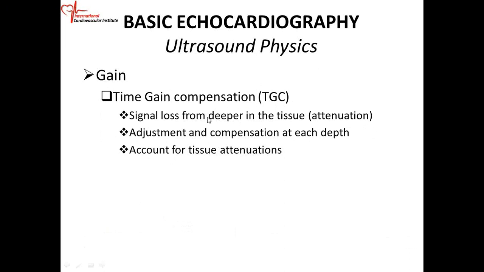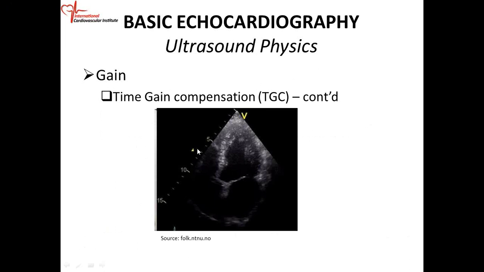So you can improve on your signal loss from deeper structures in the tissue, and you just adjust and compensate at each depth. And what it does is it really accounts for tissue attenuation in deep structures. So again, looking at this, you can see the weak signals in the distal structures in the atrium.